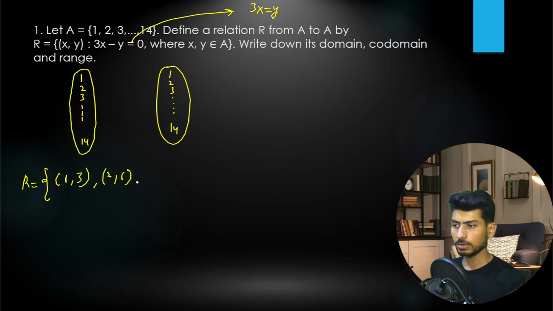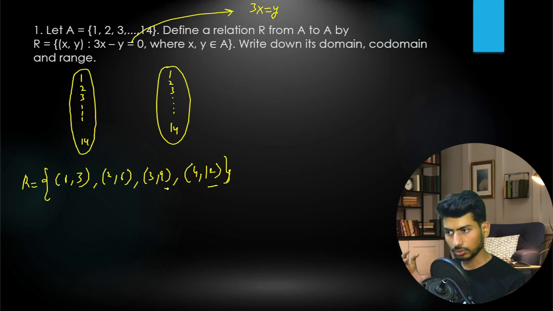Then (2,6), (3,9), and (4,12), and (5,15) will not come because 15 is not present here. Are you getting my point? The right side has only those values which are present here. If you try to write (5,15), then 15 is not present here, so you cannot bring it. Okay, so this is the relation basically.